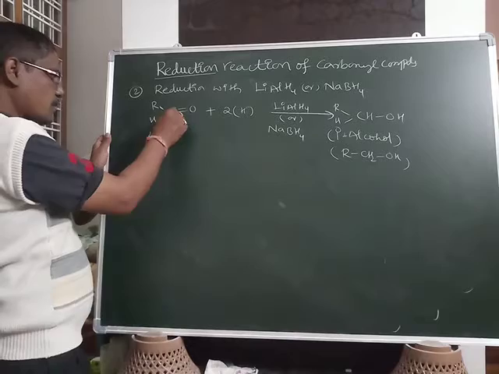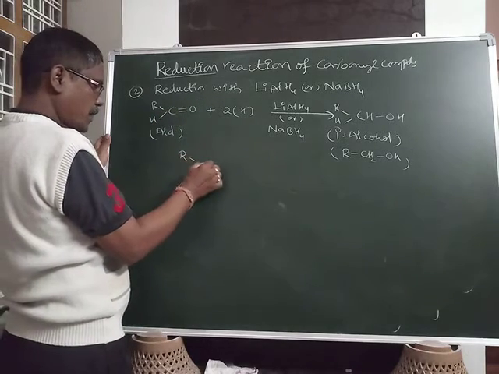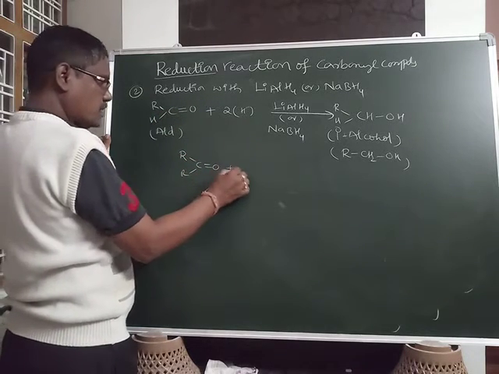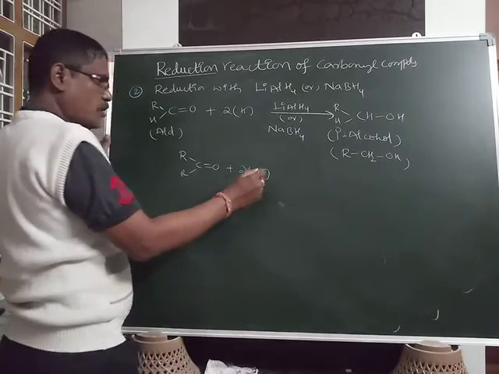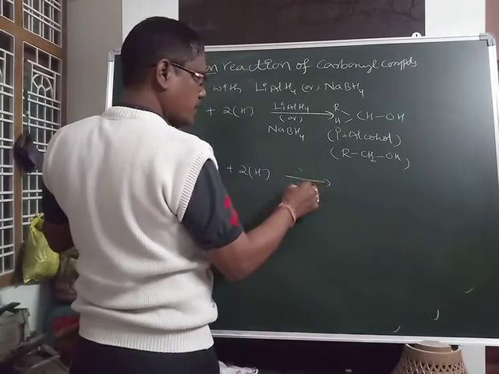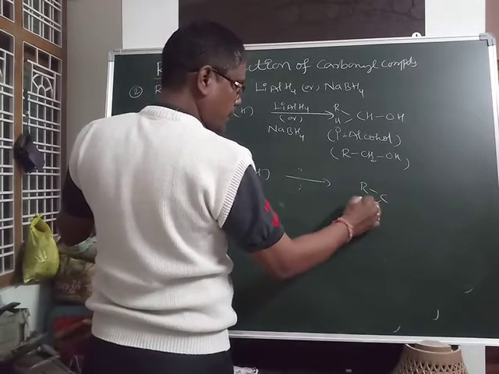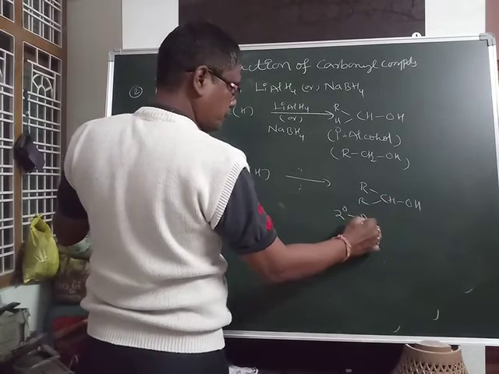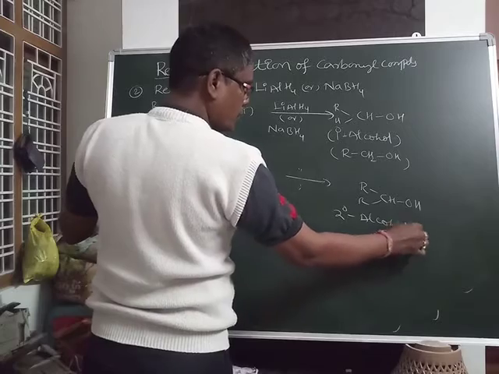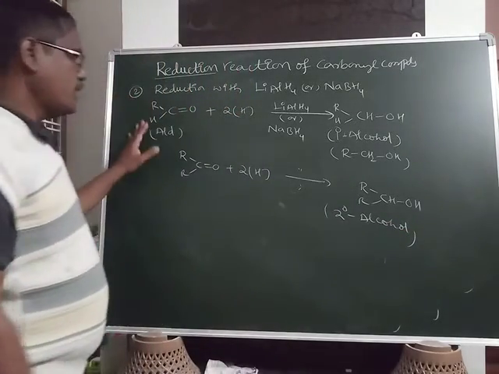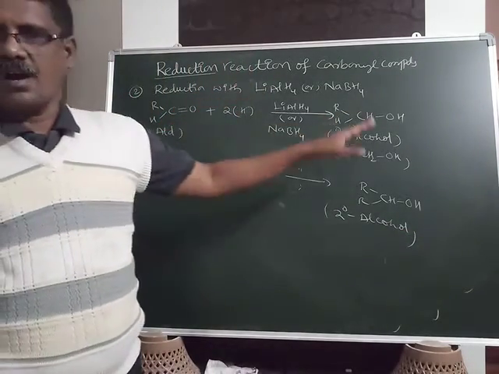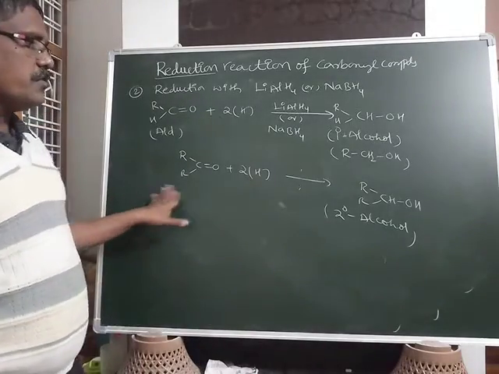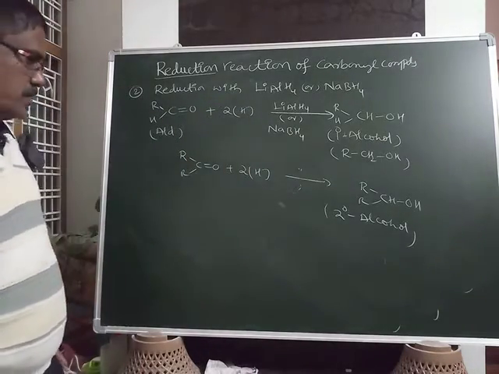When we take ketone instead of aldehyde, it reduces into the secondary alcohol. So this is the secondary alcohol. Therefore, remember that aldehydes give primary alcohols and ketones give secondary alcohols in this reaction.